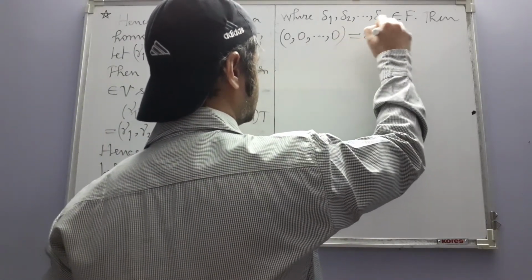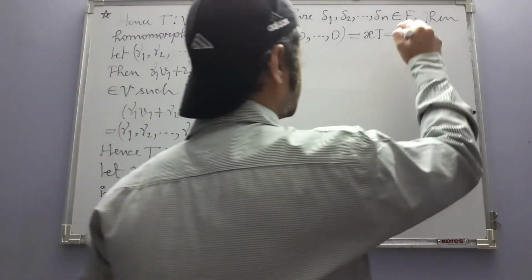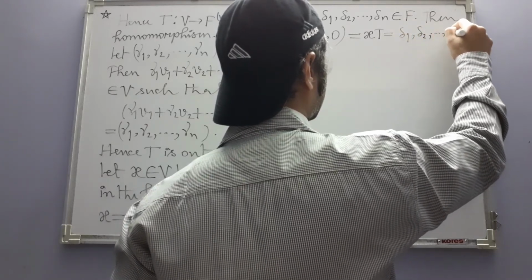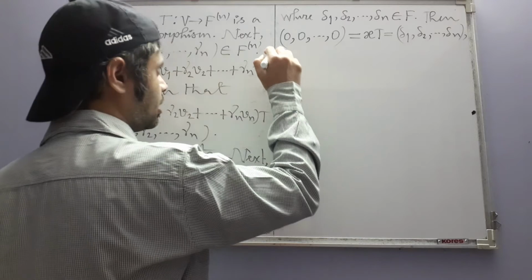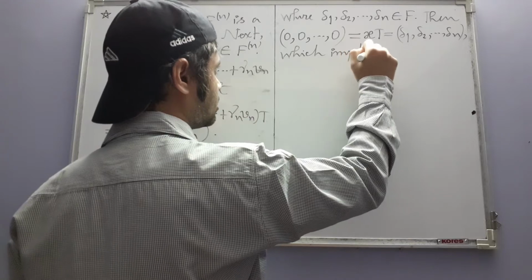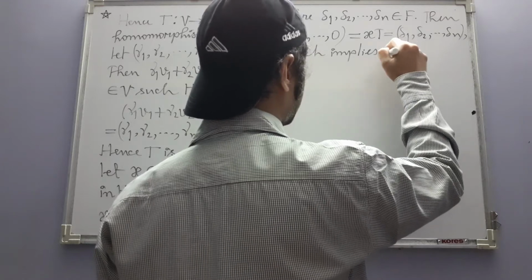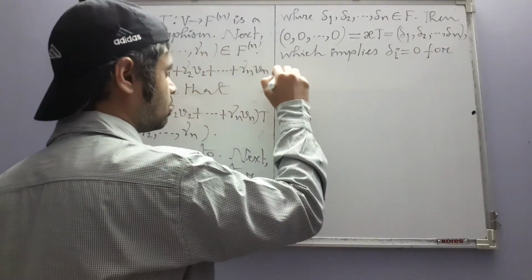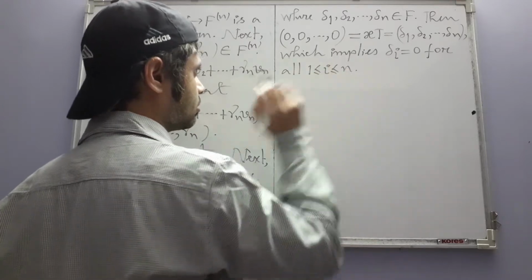This is equal to xt because x belongs to the kernel, but by the definition of T, this is also equal to this, which implies, by the definition of equality in Fn, the corresponding components must be equal. Hence, delta I is equal to 0 for all I between 1 and n inclusive.